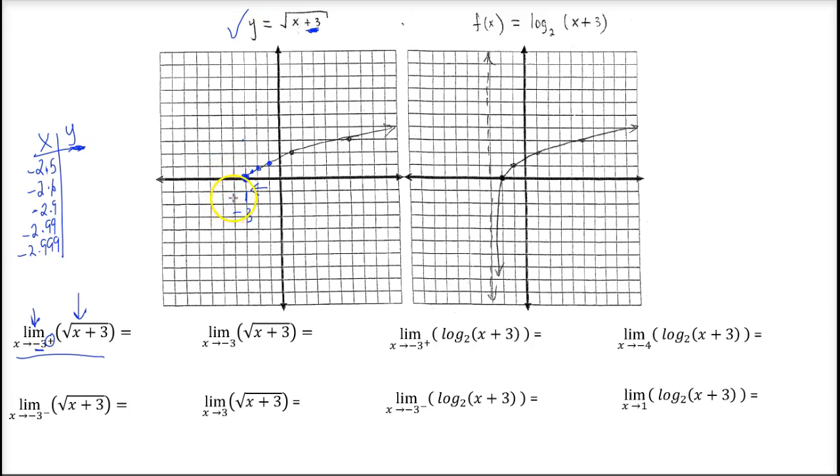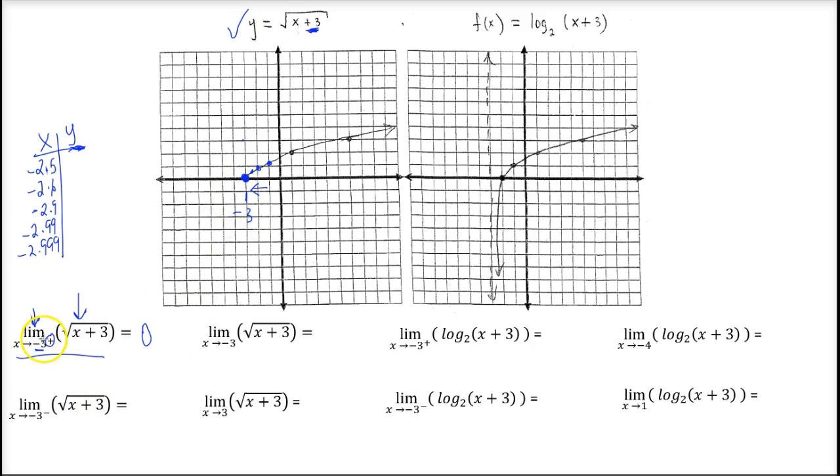Okay, and of course, this is another situation where the function is actually defined at the x value that we're talking about. So it kind of makes it easy here. So the answer to this question is going to be 0. So as the x values get closer and closer to -3 coming from the right, the y values get closer and closer to 0.